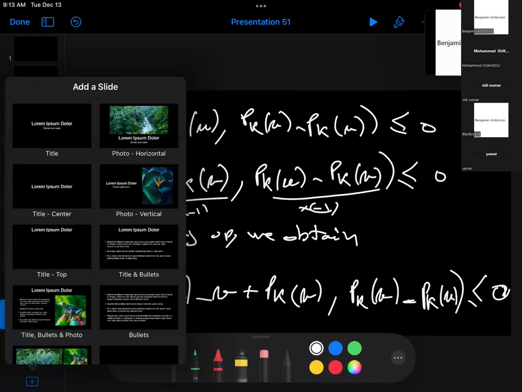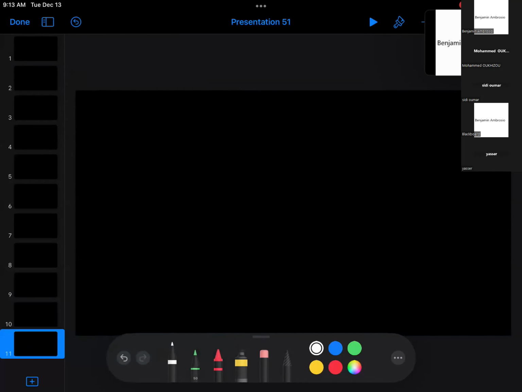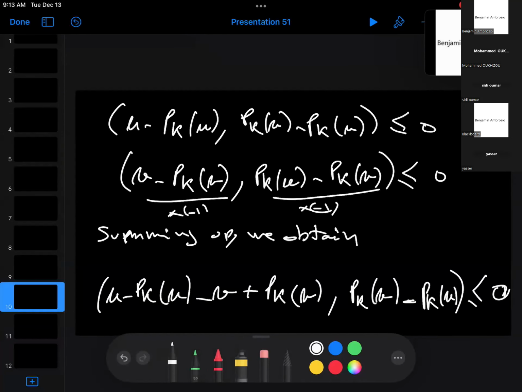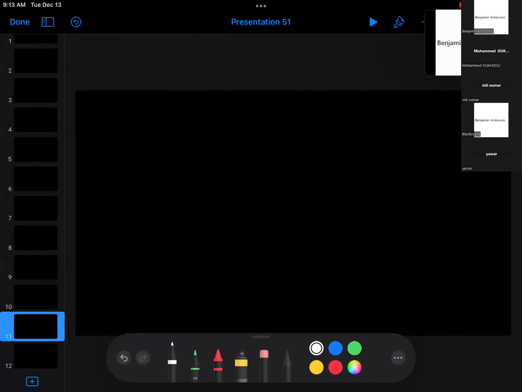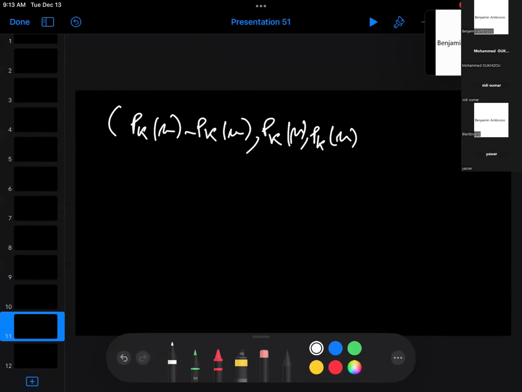Okay, I'm just going to put some parts in the right-hand side, and I obtain that P_K of V minus P_K of U scalar P_K of V minus P_K of U is less than V minus U scalar P_K of V minus P_K of U.